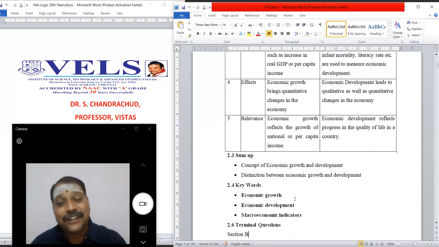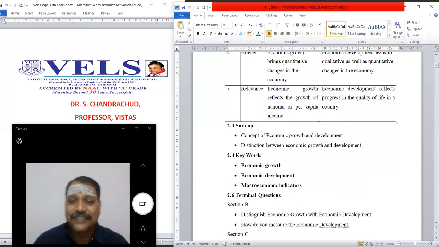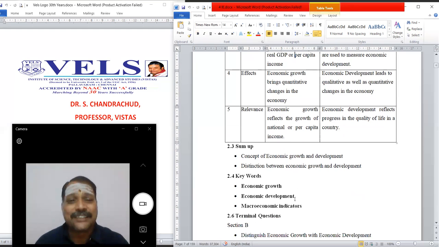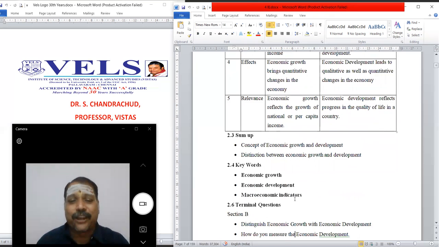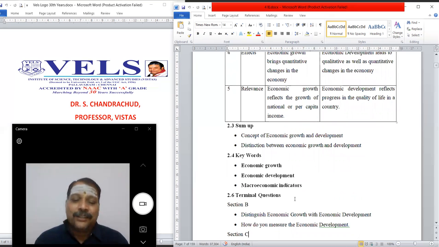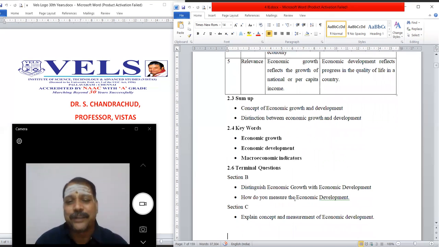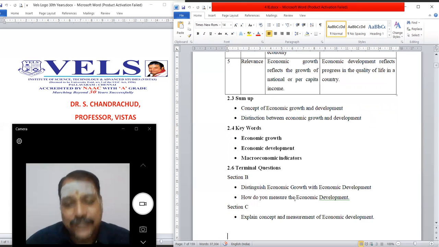What are the key words that we learned today? Economic growth, economic development, macroeconomic indicators like human development index, inflation, human poverty index, literacy rate. These are the macroeconomic indicators. Then when we consider the semester end examination, you can expect 2 section B questions: distinguish between economic growth and economic development, and how to measure economic development.